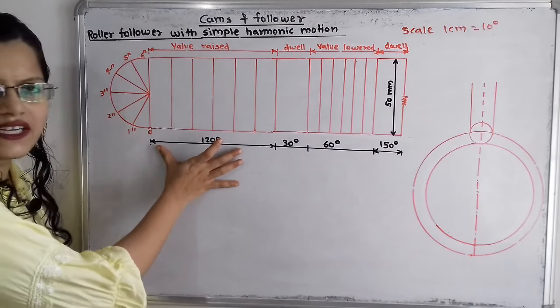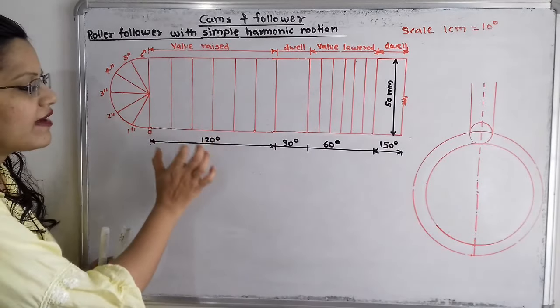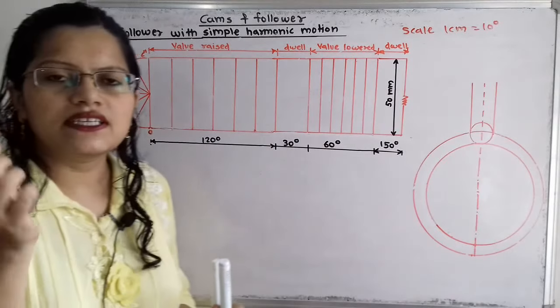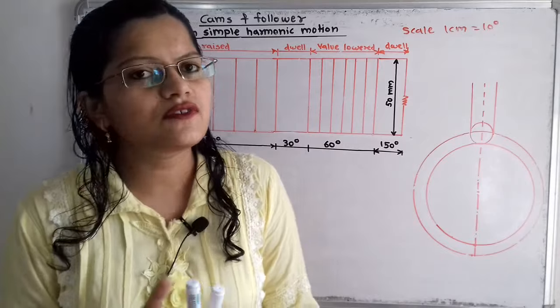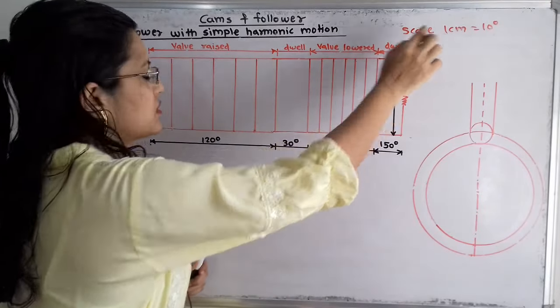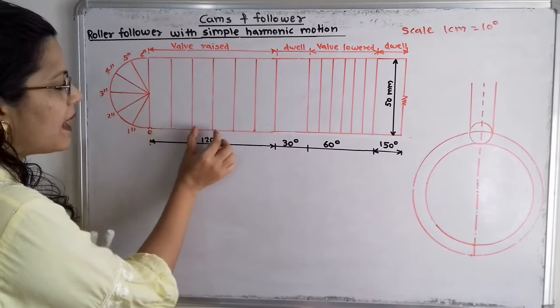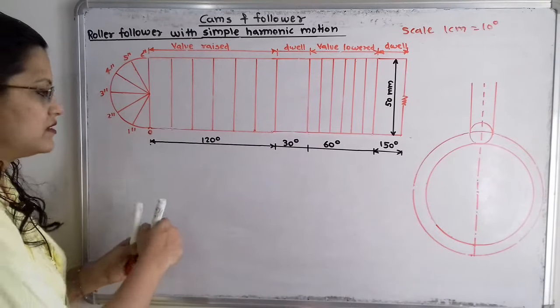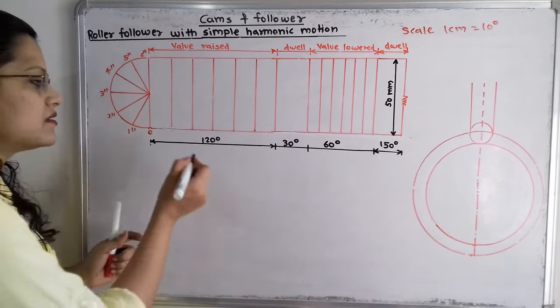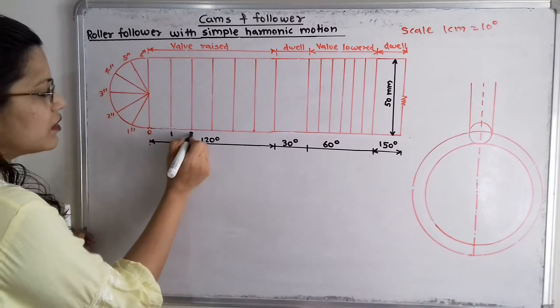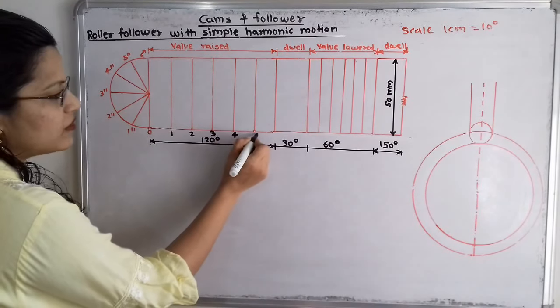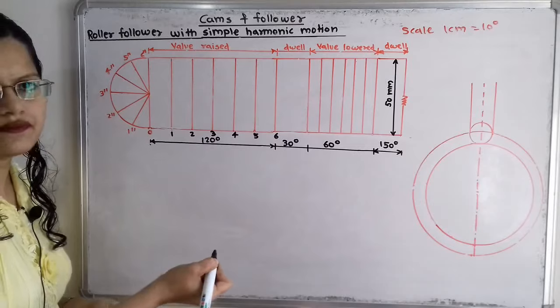For 120 degree, 120 divided by 6 means each part is of 20 degree. For this 20 degree, with the proportional scale, 2 centimeter apart we have to mark the points. We will give the numbers: first 0, then 1, 2, 3, 4, 5, 6.